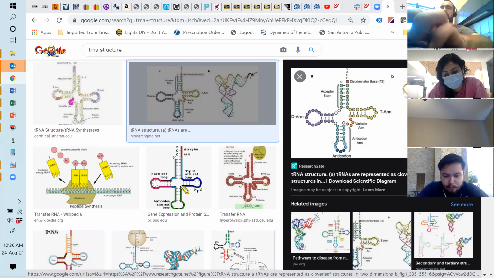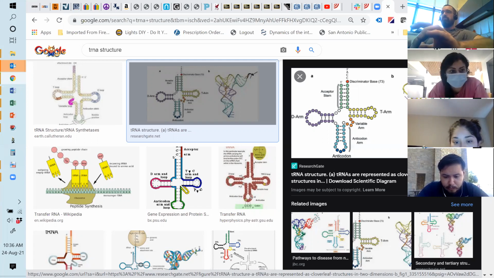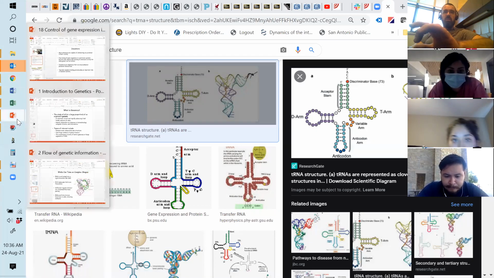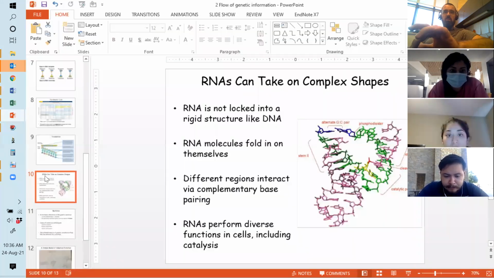And catalyze reactions like protein. And that's called a ribozyme. And so the classic example of a ribozyme is, where are we at?